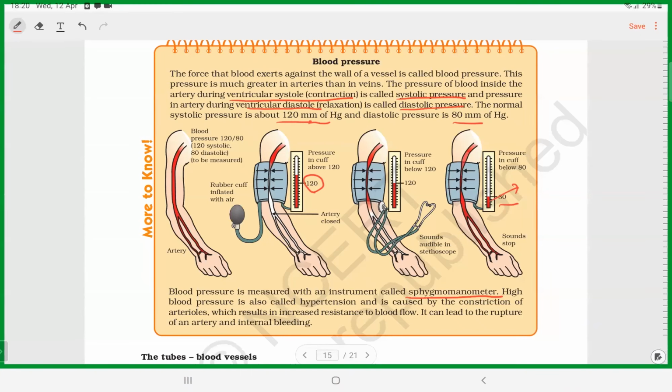Systolic pressure and diastolic pressure. Okay, ventricular contraction and ventricular relaxation. That's the normal thing, 120 over 80 mm Hg.